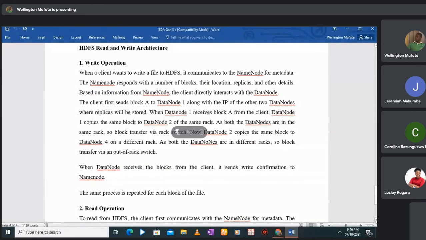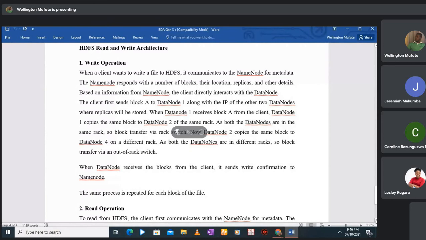And then the name node responds with a number of blocks, their location, replicas, and other details. And based on the information from the name node, the client directly interacts with the data node.